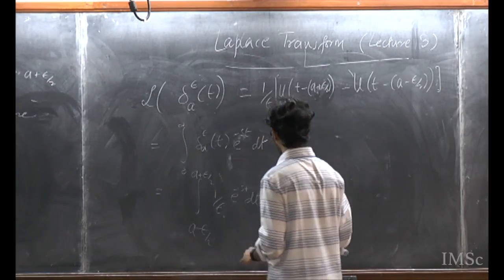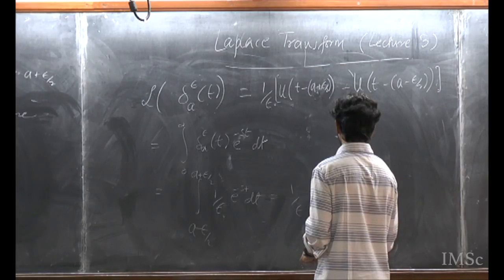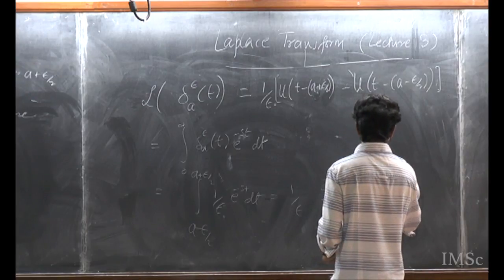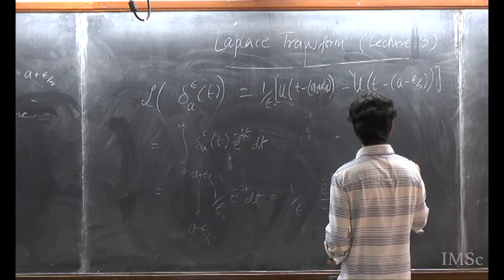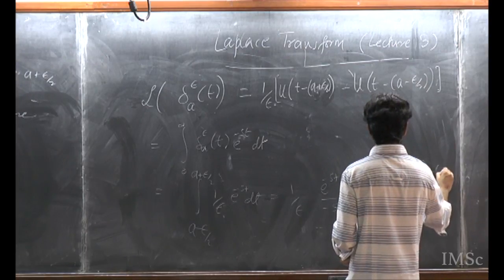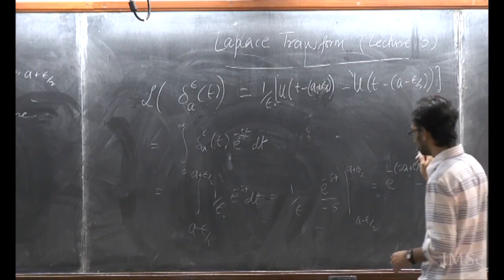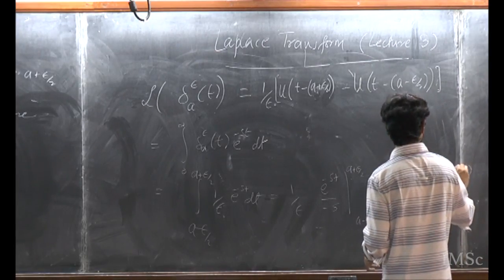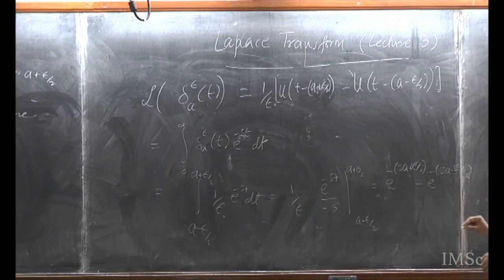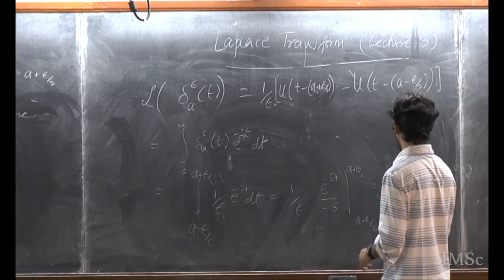And what is this? e to the minus st over minus s, from a minus epsilon by 2 to a plus epsilon by 2. So you have e to the minus s times a plus epsilon by 2, minus e to the minus s times a minus epsilon by 2, divided by minus epsilon s.